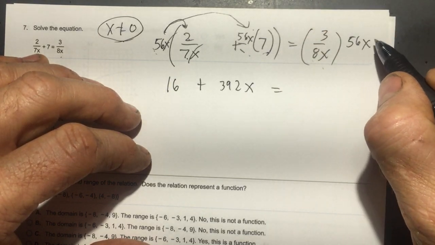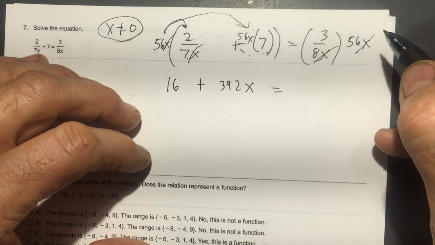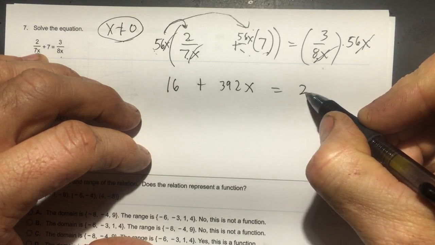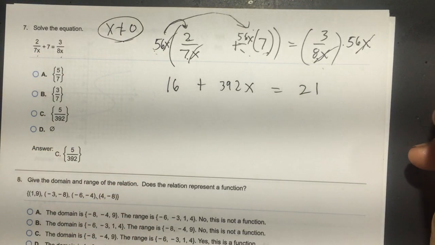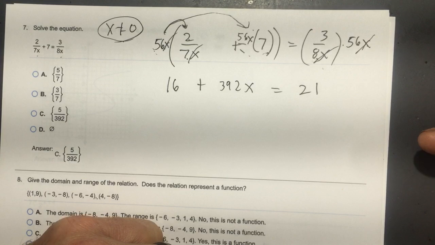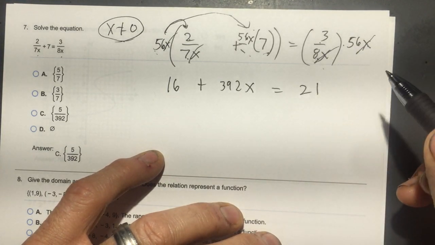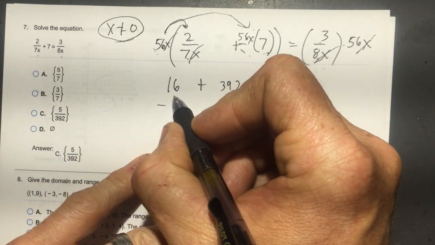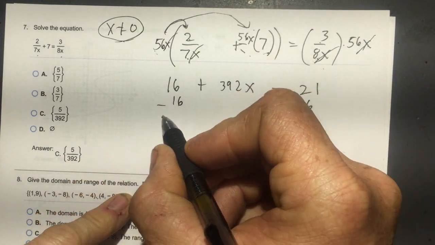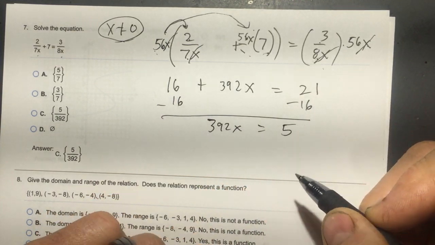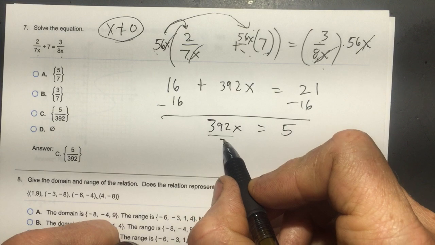Equals, now over here, my x's will cancel. See, I'm multiplying this, but I'm dividing that one. So this is going to be 21. Okay. So you can just use your calculator. 3 times 56 divided by 8. Now I'm going to minus the 16 on both sides. So I've got 392x equals, and that's going to be a 5. And now I'm going to divide by 392.